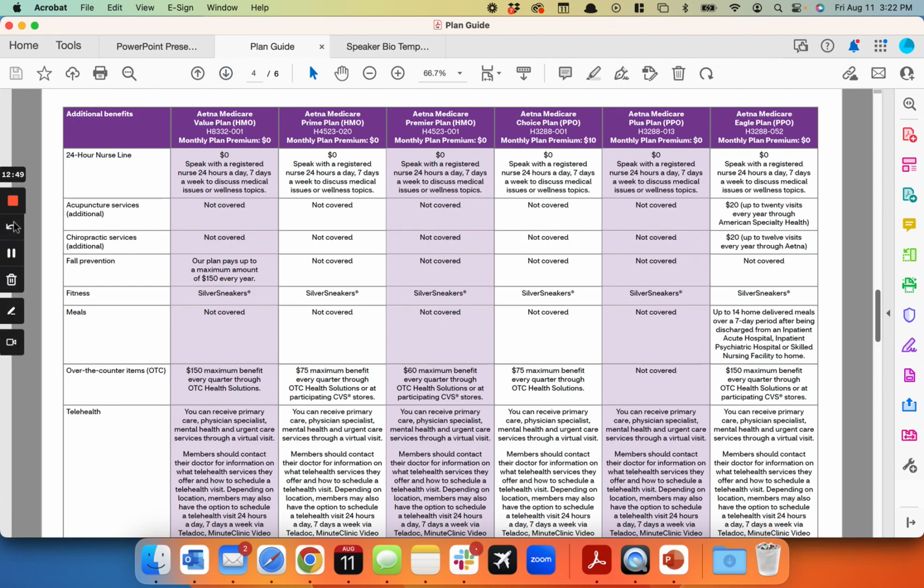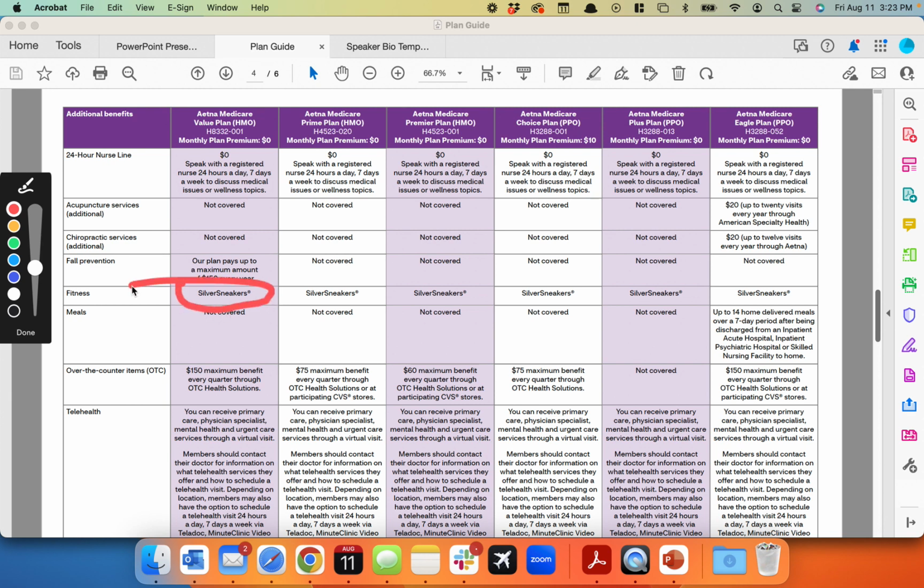Some of the other benefits that Aetna offers include a 24-hour nurse line. You can speak with a nurse 24 hours a day, 7 days a week. We also have a Silver Sneakers fitness program, so you can go to the gym at no cost to you through Silver Sneakers. I can also make sure your gym is in network. Please let me know what it is, and I can look it up for you as well.